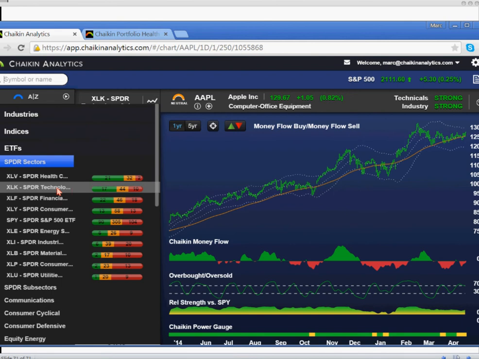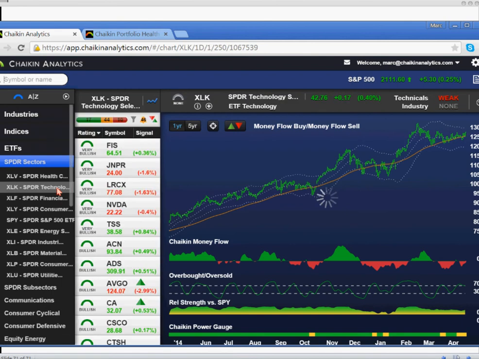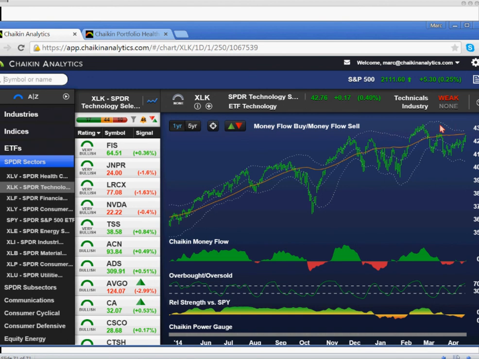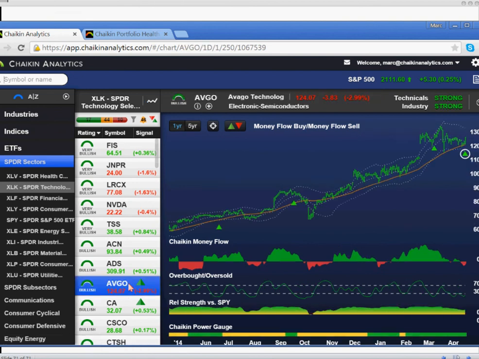But when we look at the chart of the XLK, we see the same topping action there that we're seeing in Apple, and it's been underperforming the market. So even though the potential is there, in stocks like Lam Research and NVIDIA and Avago, which has been a fabulous stock with a bullish power gauge rating since mid-December at 100 on the way to 134, there's something toppy about the whole tech sector.